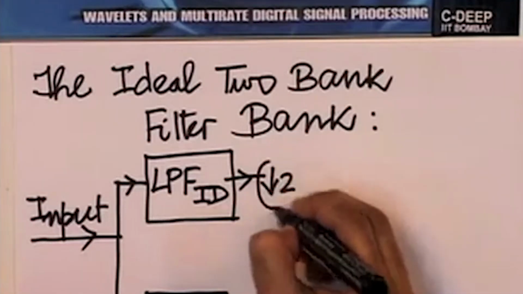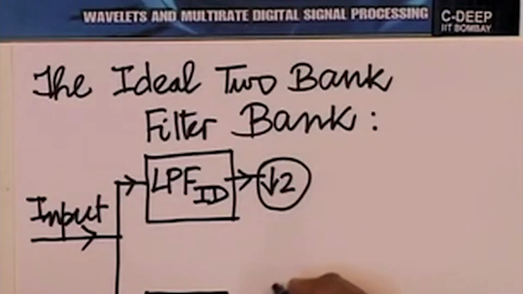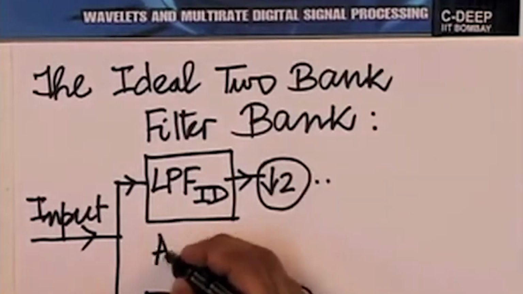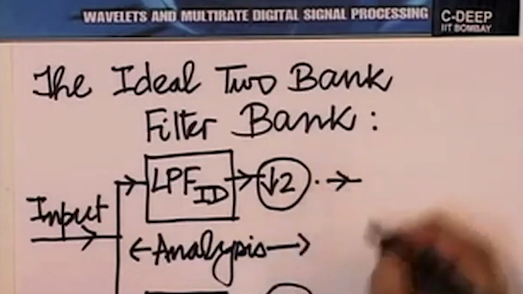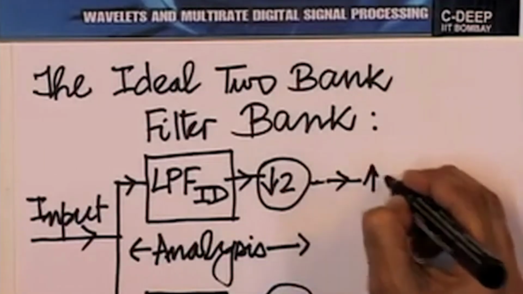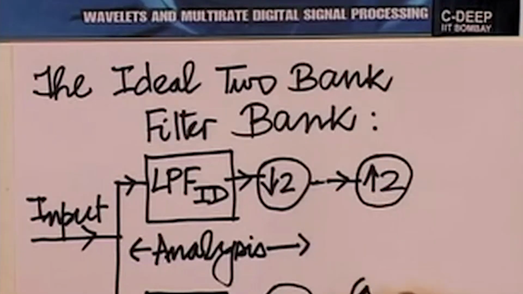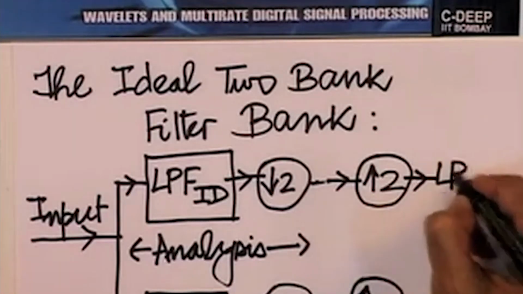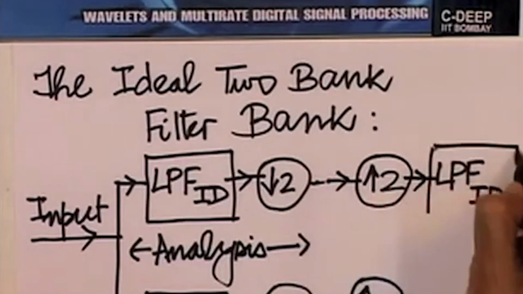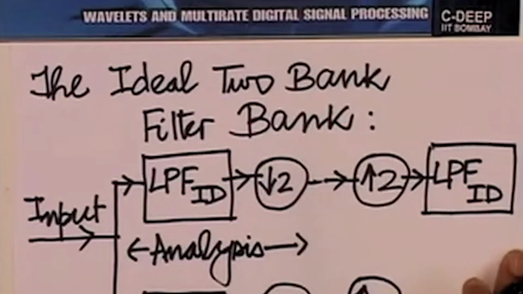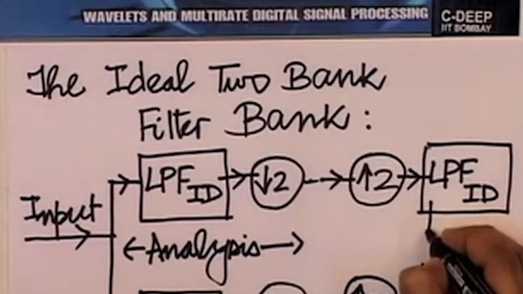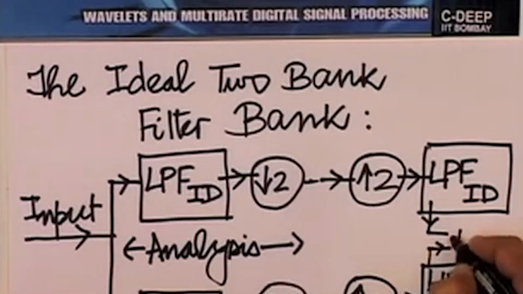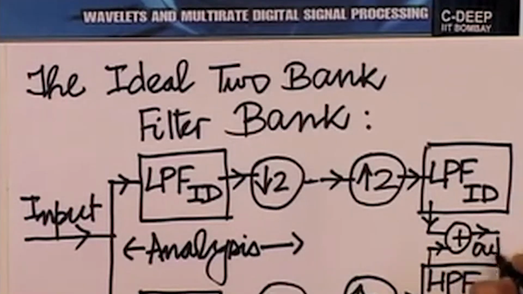downsampled by 2 subsequently, this is the analysis portion, followed by upsampled by 2, again low pass filter ideal here, high pass filter ideal here, and the outputs from this are to be added to produce the overall output.